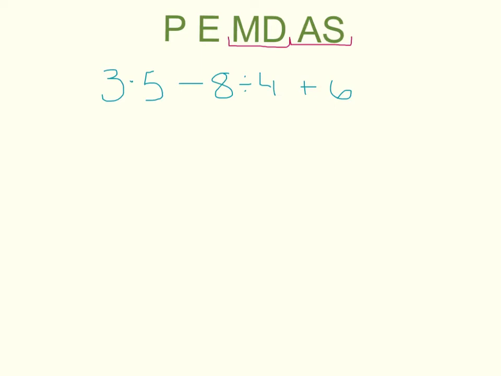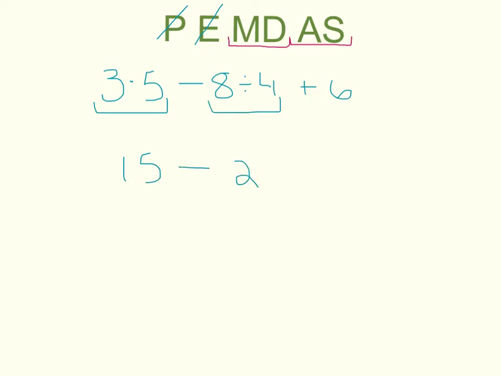Here's our first example. So you always want to start with P and check for parentheses. In this case, we don't have parentheses, and we also don't have any exponents. So we can go straight into doing all of our multiplication and division. So let's do 3 times 5 is 15, and 8 divided by 4 is 2.